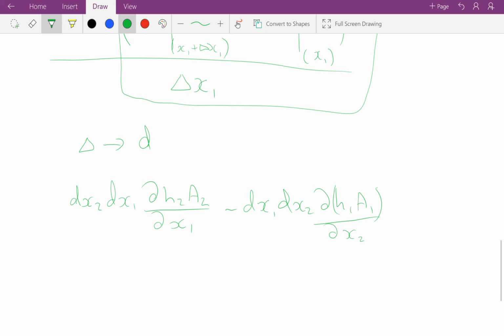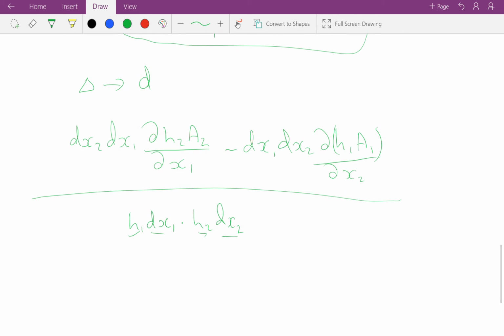And then we're going to divide all of this by the area of our loop, and the area of our loop is going to be h1 dx1, because that is the length of one side, multiplied by h2 dx2, the length of the other side, those scale factors turning these coordinates into length values.